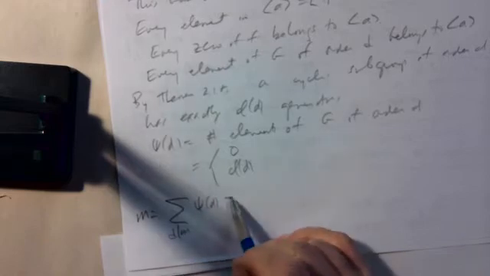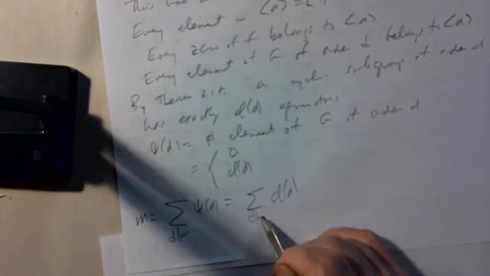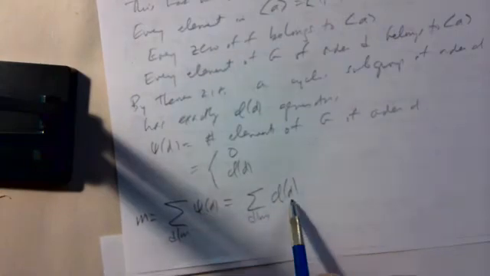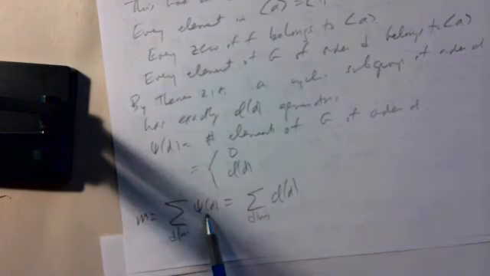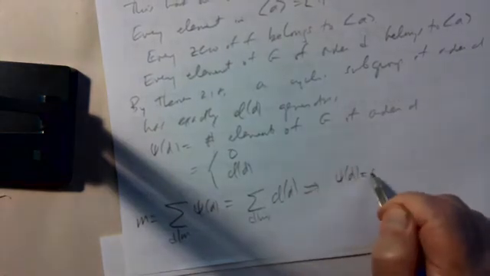So if I sum psi of D for all divisors of M, that's equal to the order of the group. But we also proved the theorem that the summation of phi of D over all divisors of M is equal to M. And psi of D is either 0 or phi of D. If any of these psi of D's is 0, this sum would be smaller than this sum.